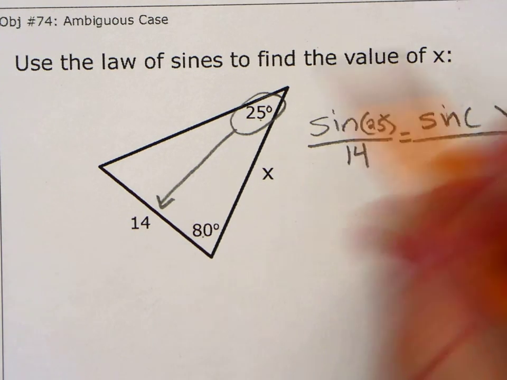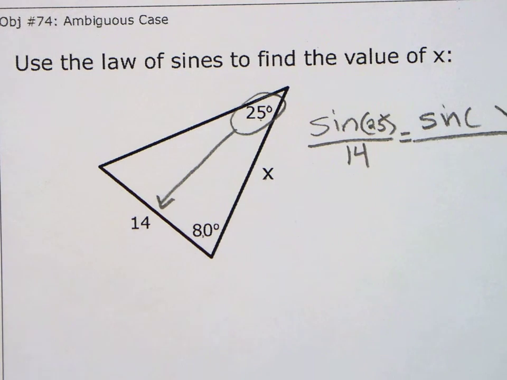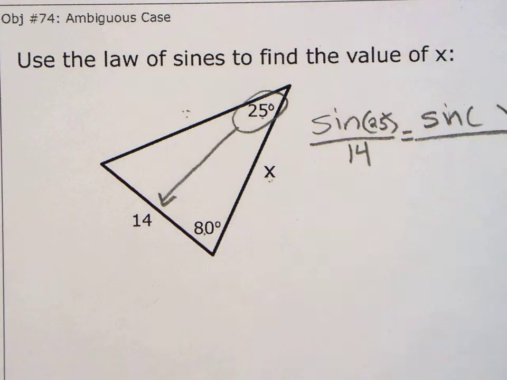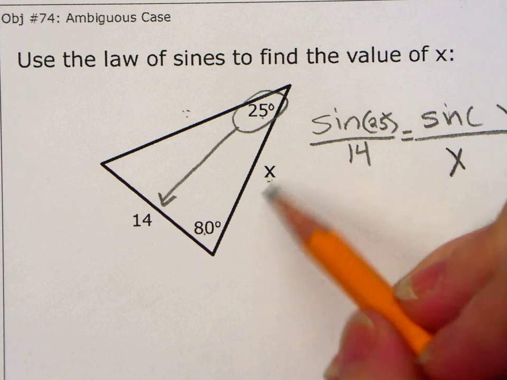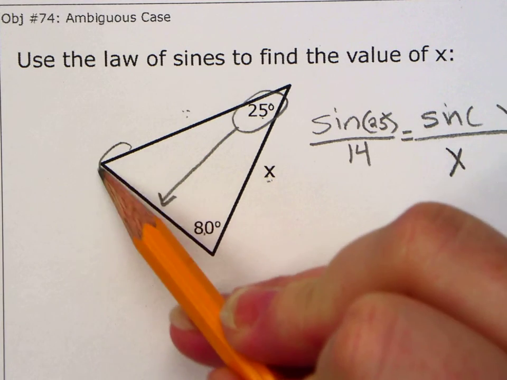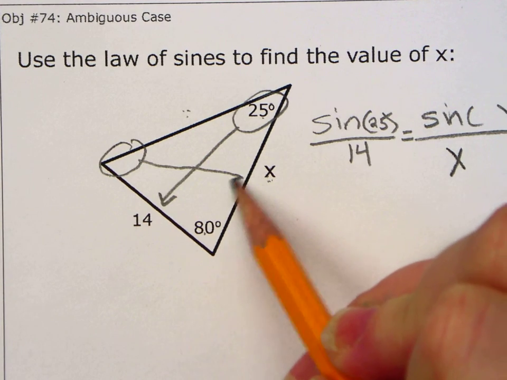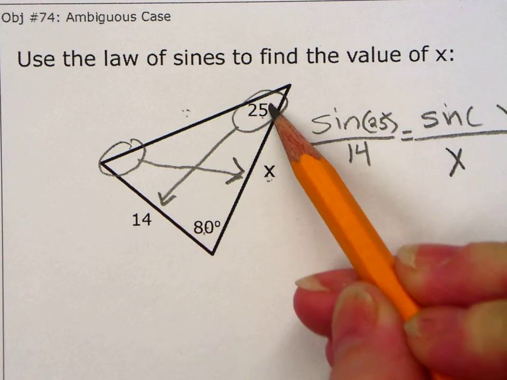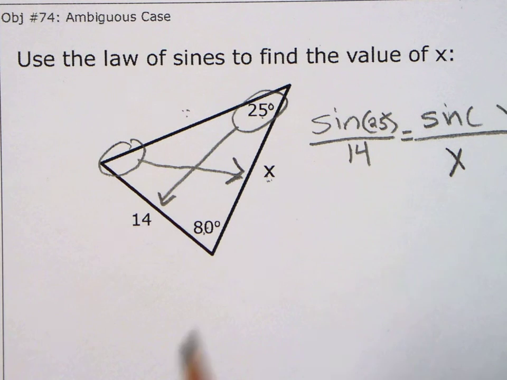Now, what's the problem with what's left? We have that 80 and that x. The problem is x is not across from the 80. If this was x, we'd be good. The problem is x is here, and that's what we want to solve for. Do we have the angle across from it? We don't. But do we have enough information to figure it out? We do, because we know how many degrees are in a triangle. 180.